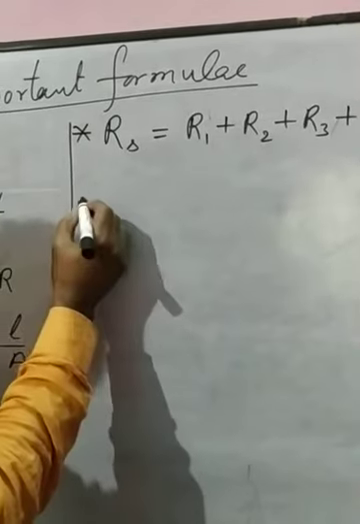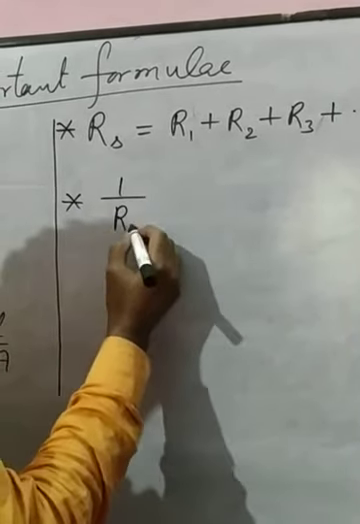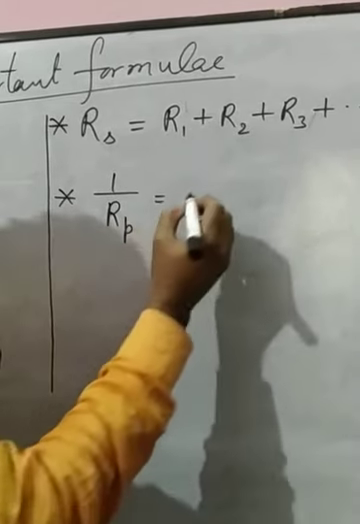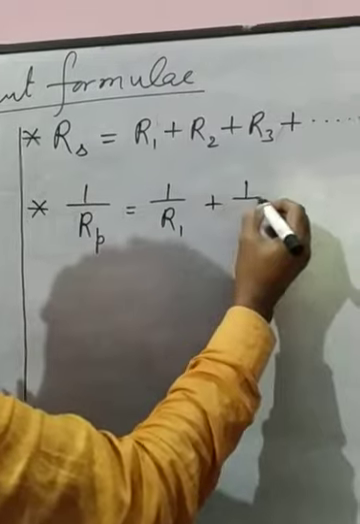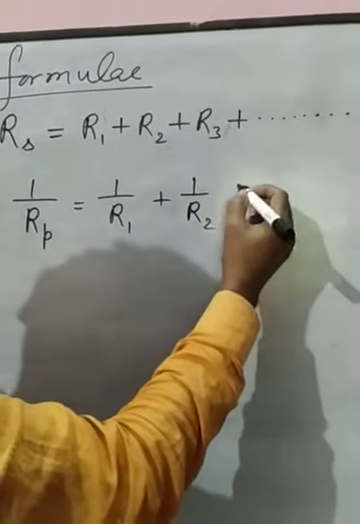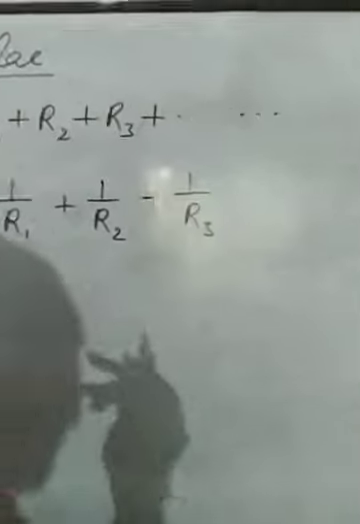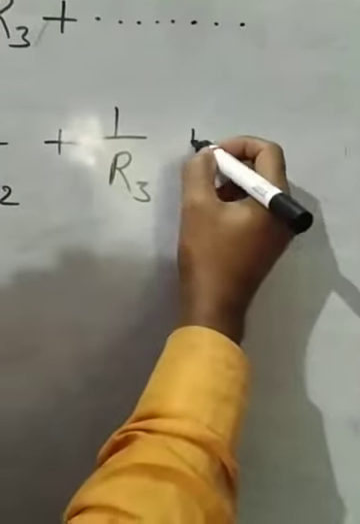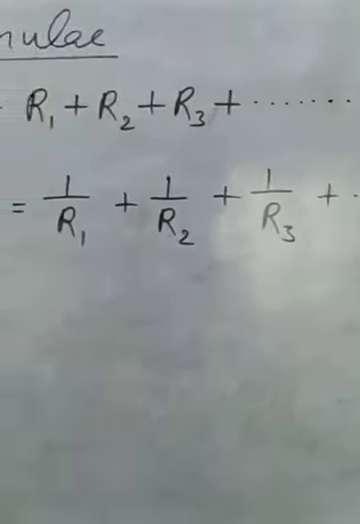The sixth formula is 1 by Rp is equal to 1 by R1 plus 1 by R2 plus 1 by R3, and if the number of resistors is increasing, then we will add them reciprocally here.